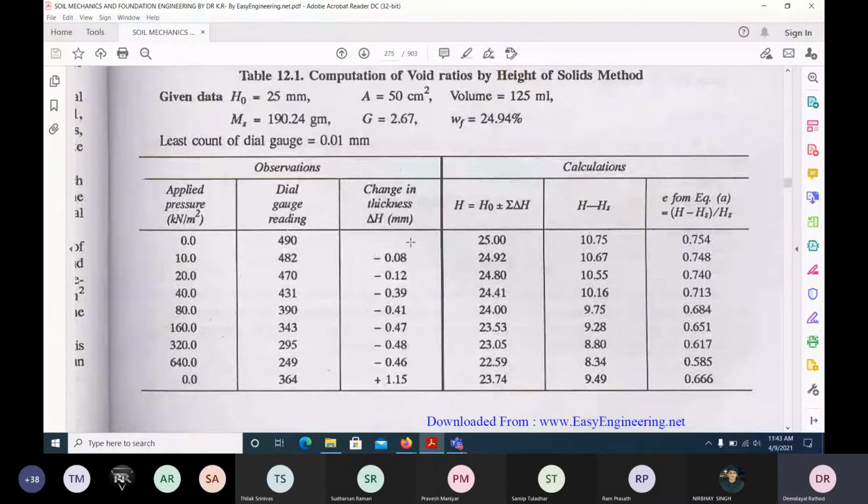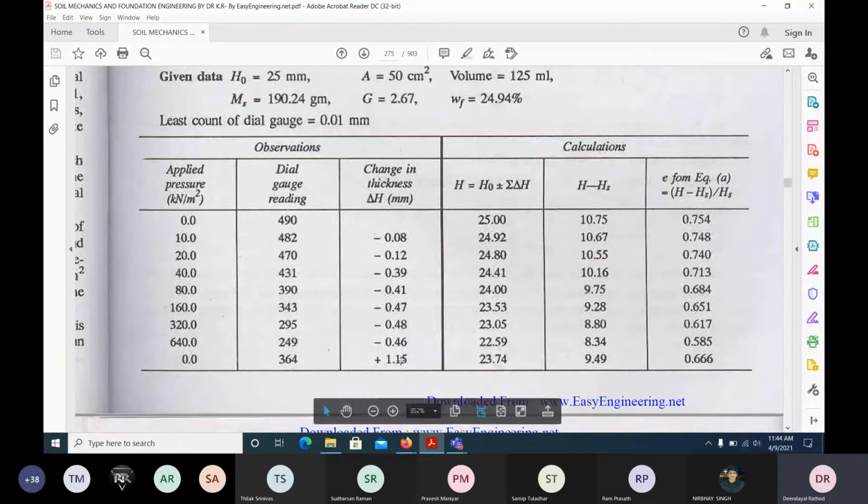The change is 490 minus 482, how much? 8 you will get, the reading reducing from 490 to 482. 8 multiplied by the least count 0.01 gives 0.08, then 0.12, 0.36 and so on.